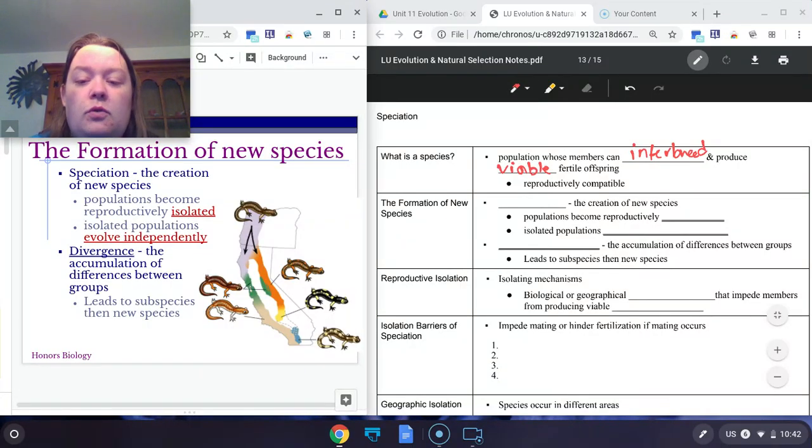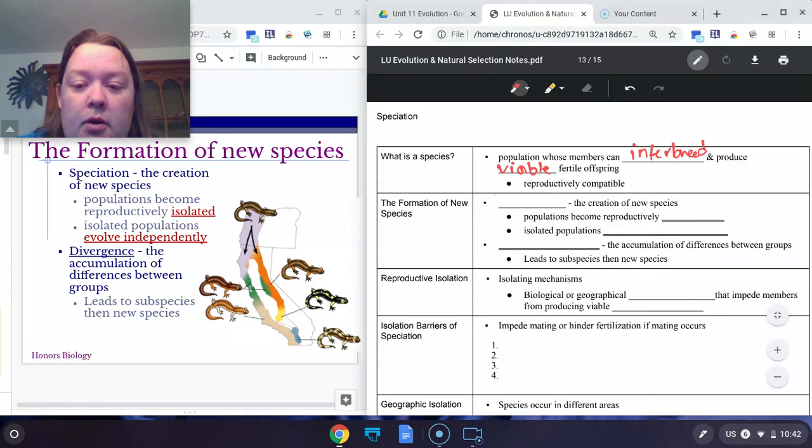So the formation of new species, again, like I said, the process of creating new species is called speciation. And this happens when populations become reproductively isolated. So new species are created when populations are reproductively isolated.